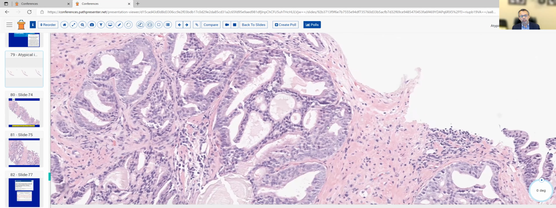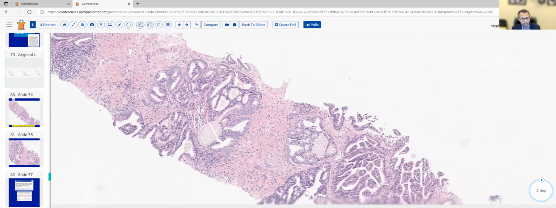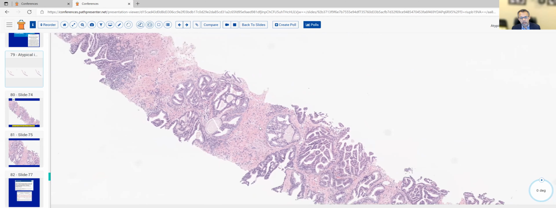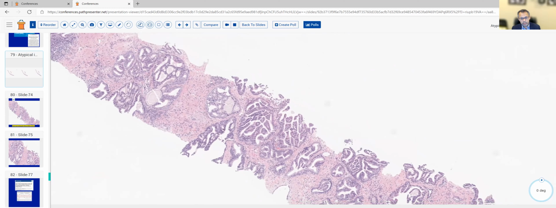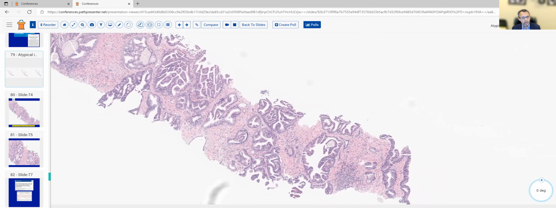But notice that the proliferation is loose in nature. What I mean by loose is that the cellular proliferation accounts for less than 50% of the luminal spaces in this particular case. So this is an example of atypical intraductal proliferation, suspicious for intraductal carcinoma. There is a lack of any invasive component.